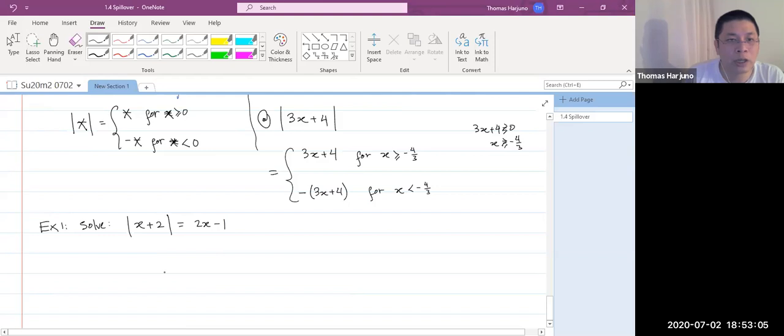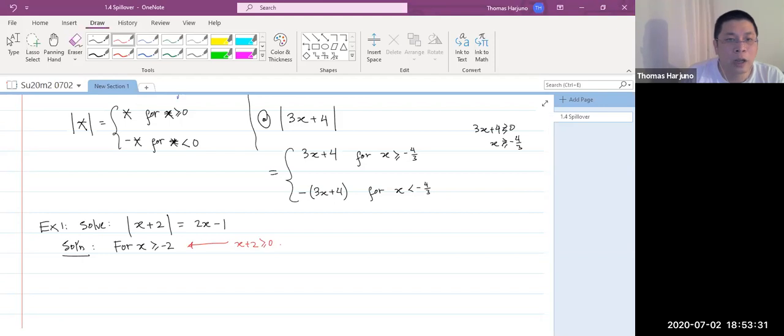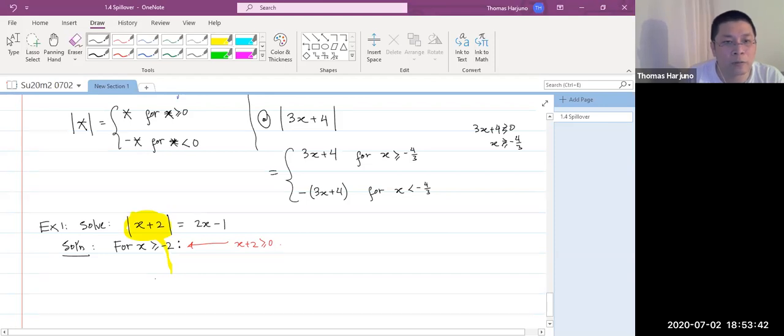So the way I do it is the following. For x greater than or equal to negative 2, you wonder where I get that from. I get it from x plus 2 greater than or equal to 0. Then the right-hand side expression here, you just take off the absolute sign without any change.